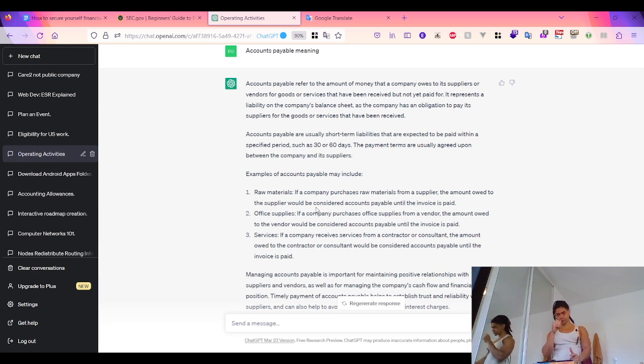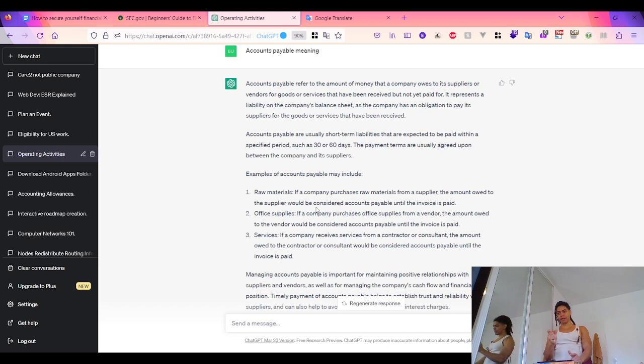For example, raw materials: a company may purchase raw material from a supplier, and that amount owed to the supplier represents an accounts payable until the invoice is paid.